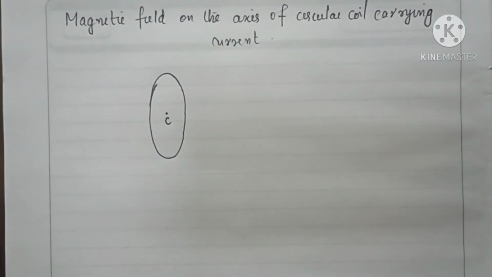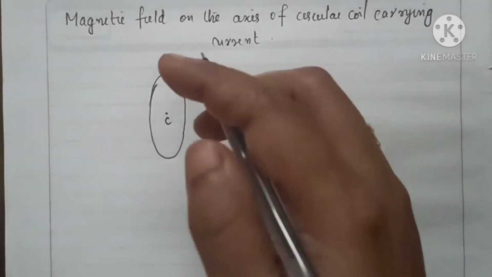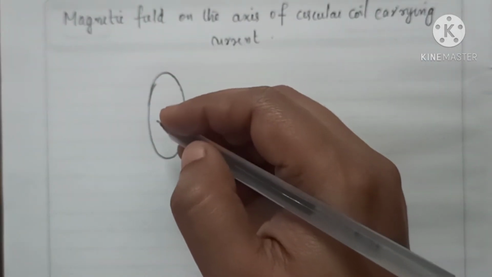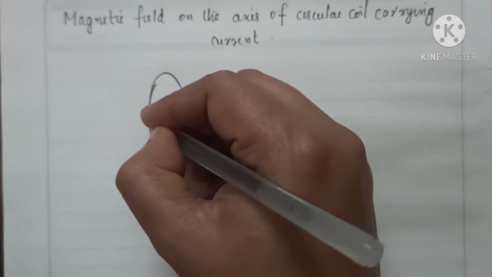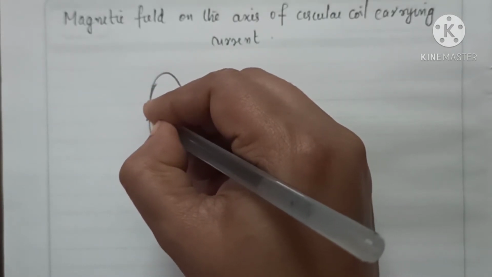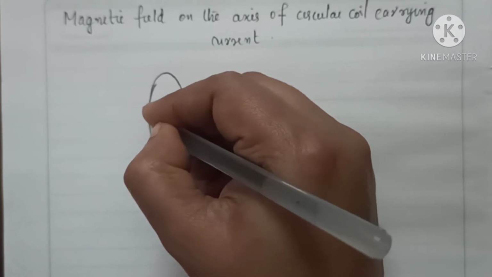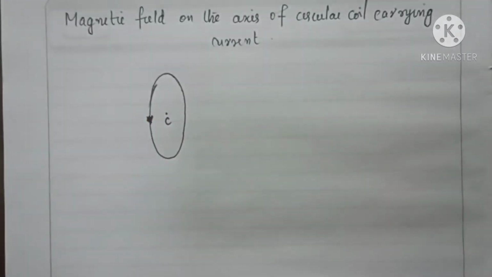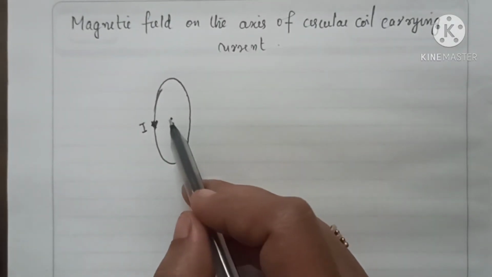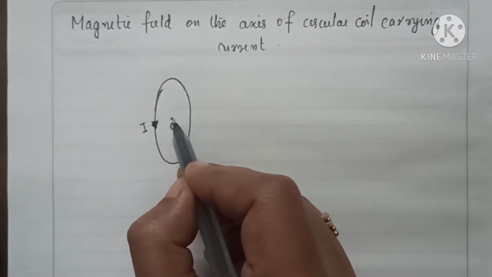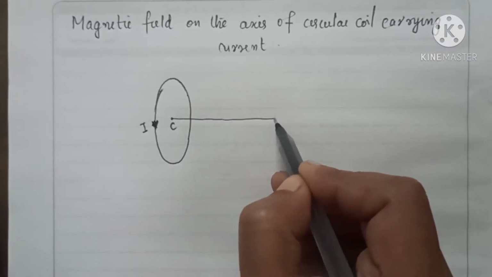Then current I is flowing through the coil like this. Now we can consider a point P on its axis like this.